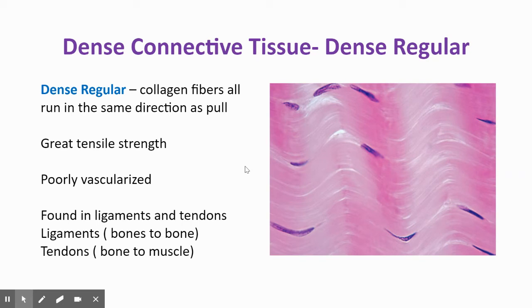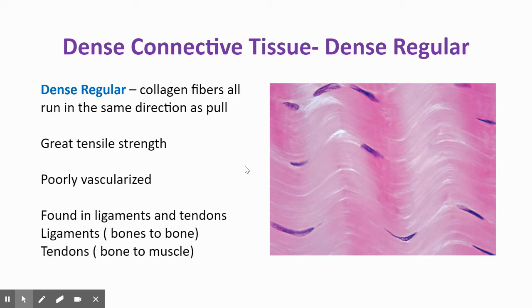You hear of a football player who tore their ACL. The ACL is a ligament in your knee. It connects bone to bone. The other type of dense regular tissue is tendon. Tendon does connect to bone, but it's not bone to bone. It connects a bone to a muscle. Both of those are made up of dense regular.